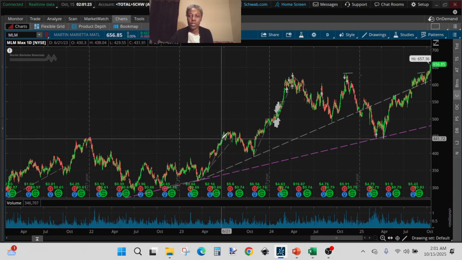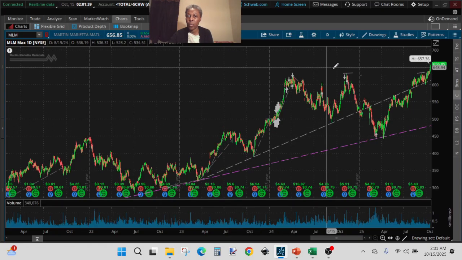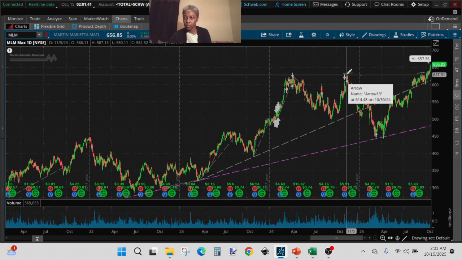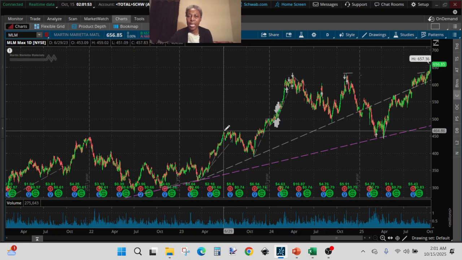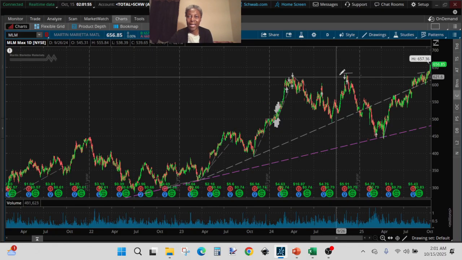From that point, let's just say the term base exit point, it was around June 2023 all the way to November 2024. So almost 1 year and a half. We can say 1 year, 5 months or so that it has been on the rise.